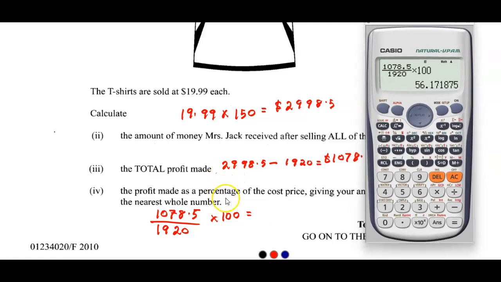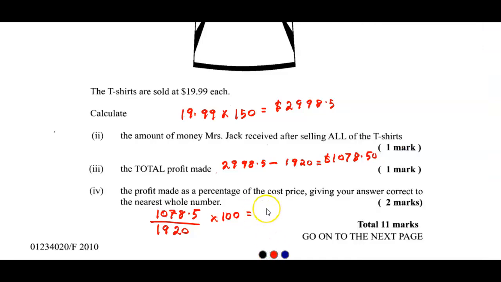We get 56.17. So let's write that, 56.17. So to the nearest whole number, it would be 56%. Okay? So here ends question 1.